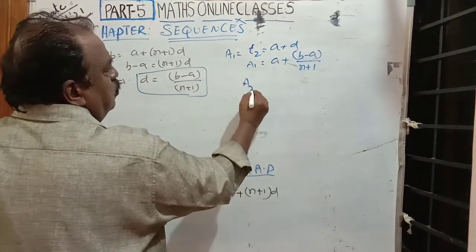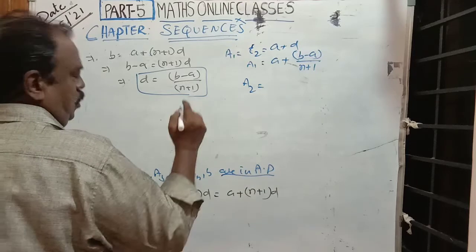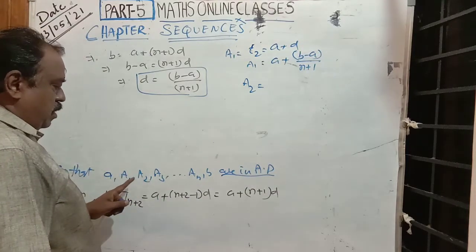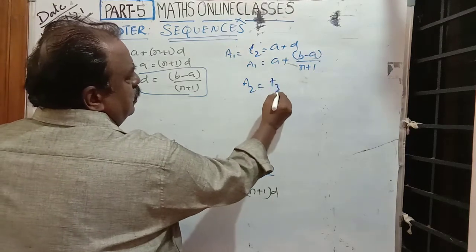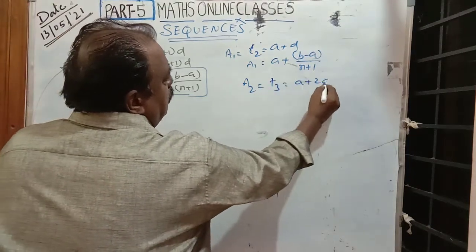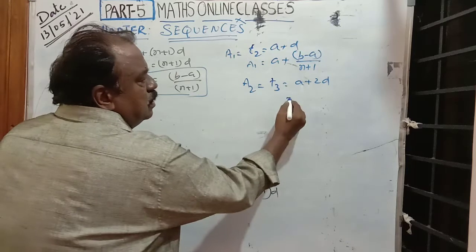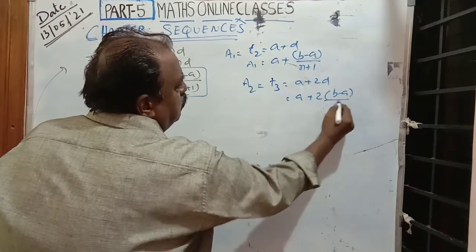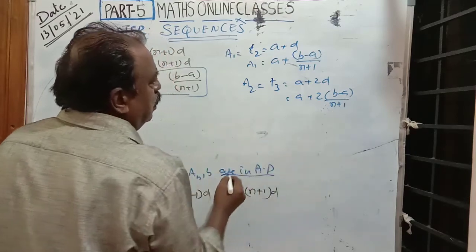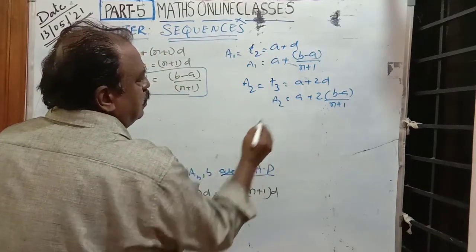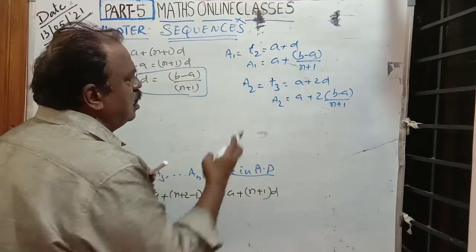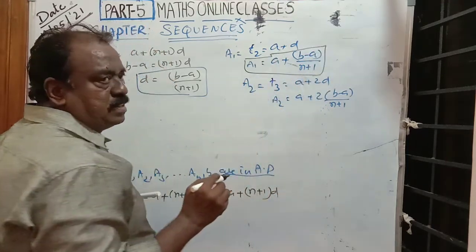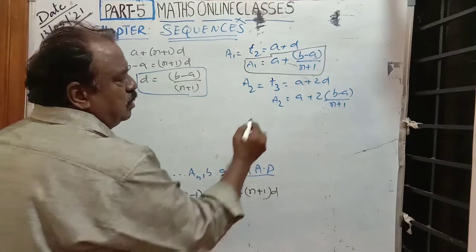Now A2. A2 is the third term, T3. That is A plus 2D. It is A plus 2 into D, where D is (B minus A) by (n plus 1). This is A2. So A1 is small a plus (B minus A) by (n plus 1).